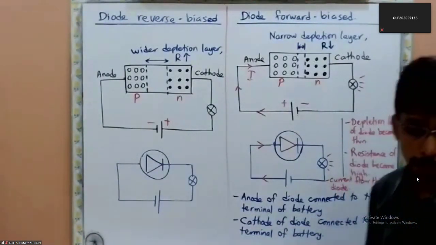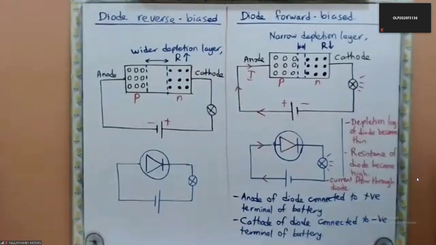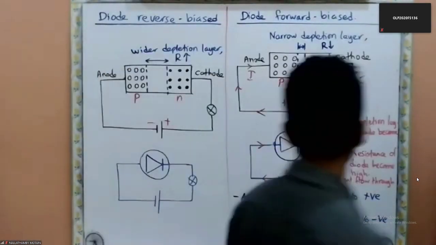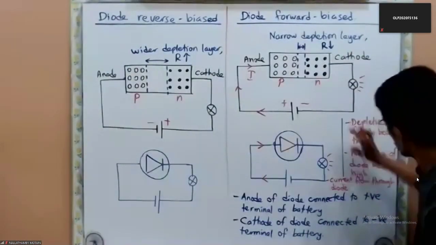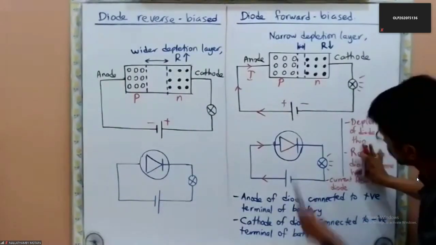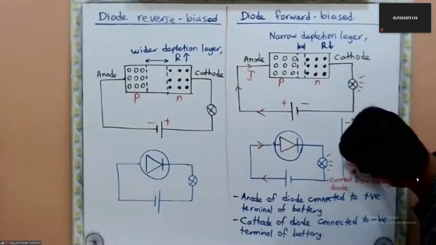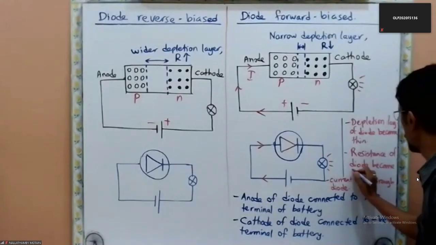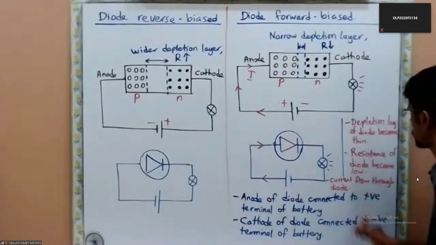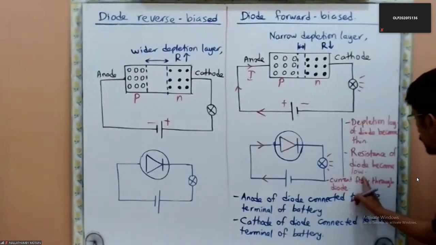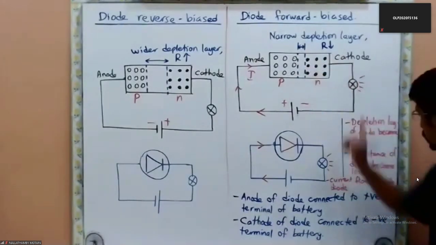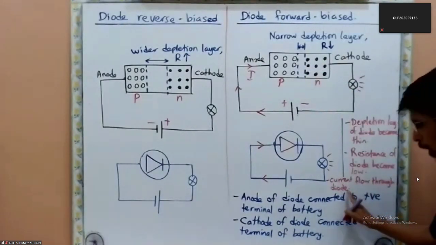Yeah, what should the resistance of the diode become? Lower. Yeah, resistance low, right? Okay. Resistance of the diode becomes low. Yes, thank you. Resistance of the diode becomes low. Current flows through diode.